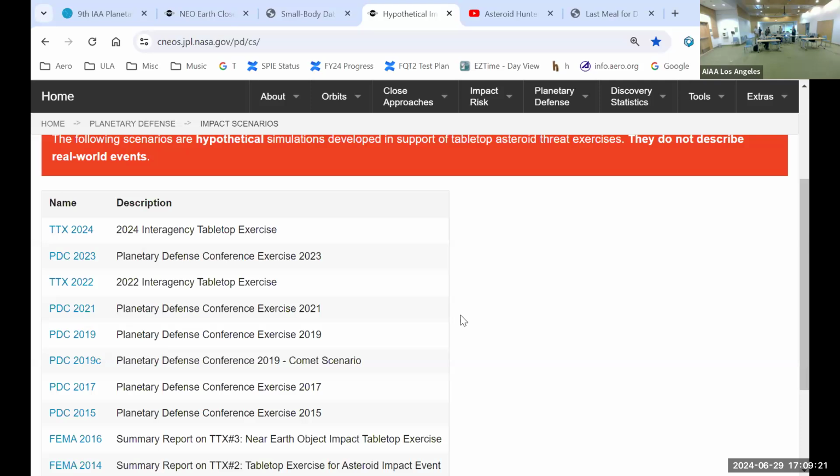They collaborate usually with FEMA, the Federal Emergency Management Agency, and they learned how to talk to one another. NASA and FEMA in those exercises, they are now becoming international exercises. And so that's a very, very key practice that is done at every conference to see what is the process that we would have to engage to address an emergency situation.